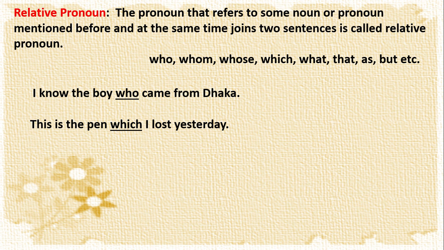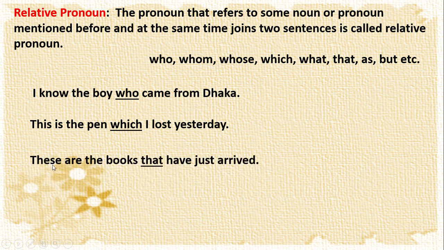The question may arise, what is antecedent? Antecedent means the noun or pronoun used in the sentence that the relative pronoun indicates. That means this relative pronoun is indicating the word boy. So this word boy is the antecedent of this relative pronoun. And in this sentence, pen is the antecedent.